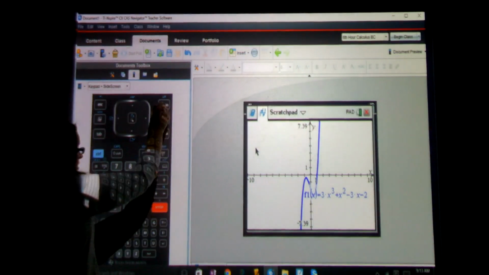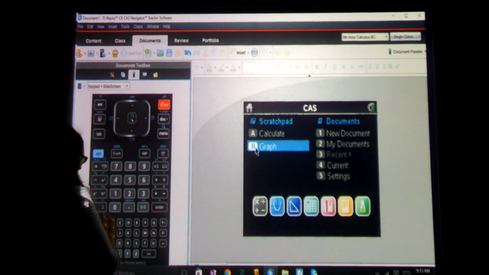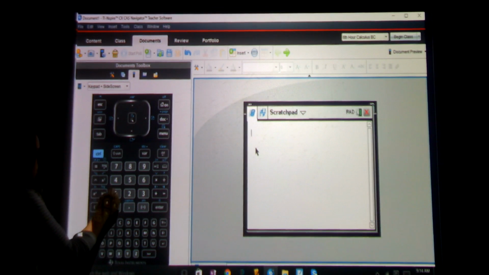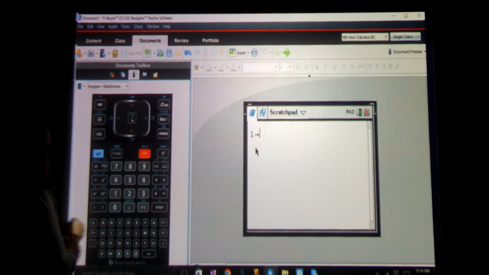The idea is to store your first guess. So I'm going to go back to a scratch pad calculator. I'm going to type in 1 and press control variable, store it into D. Doesn't really matter what variable.